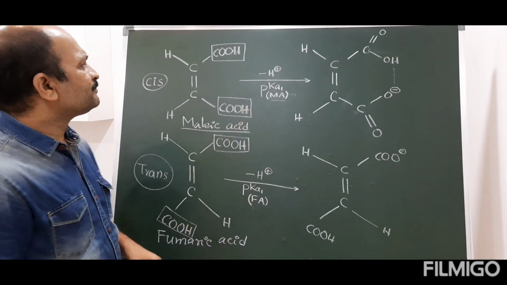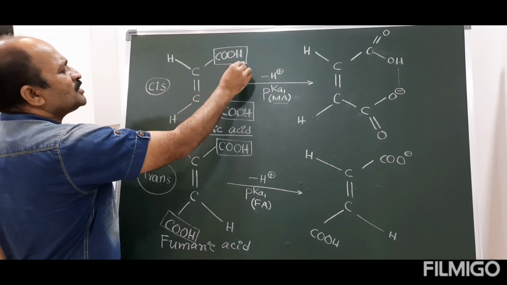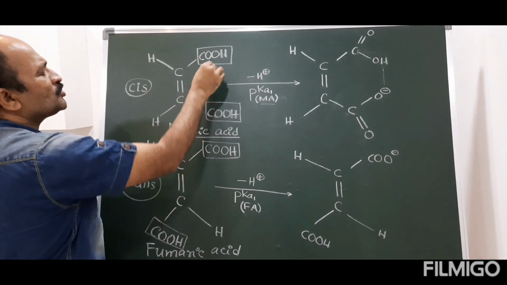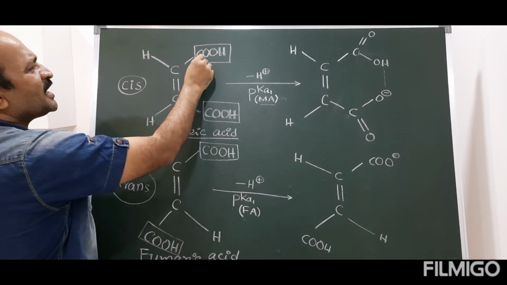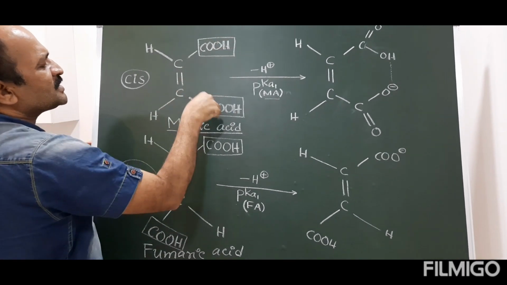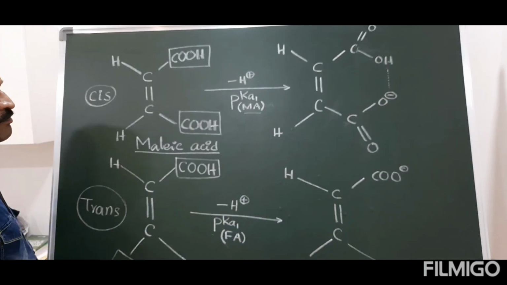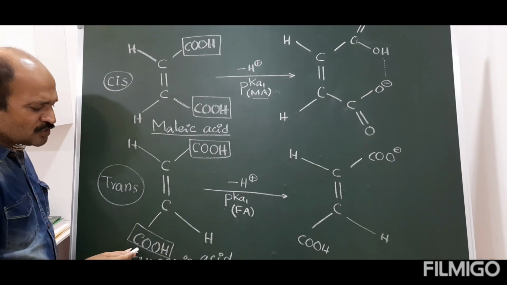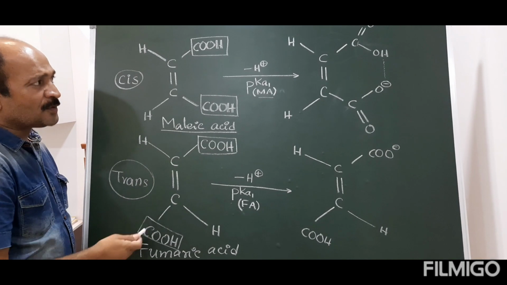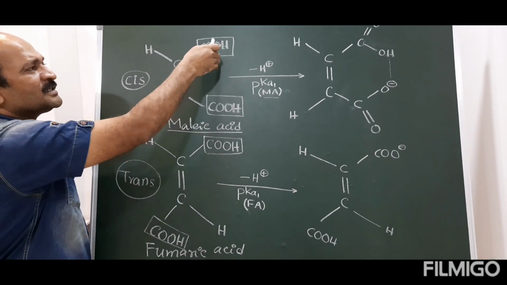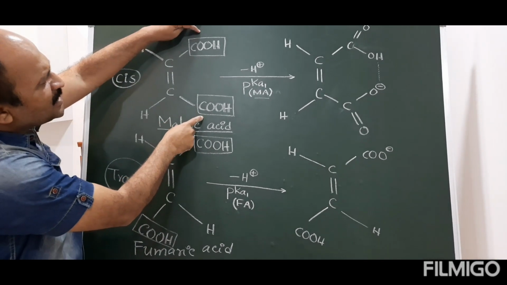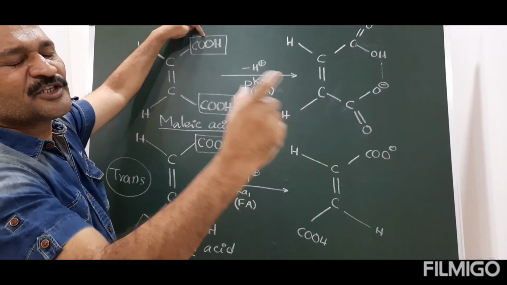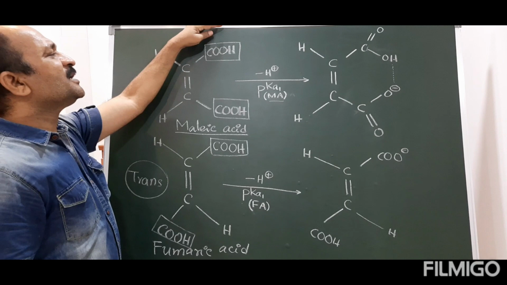I will explain. Students, here both COOH groups are present on the same side. That means C double bond O OH, C double bond O OH. But here the COOH groups are present on opposite sides. If they are present on the same side, they have some steric repulsion.